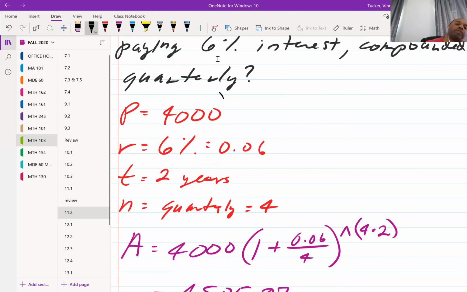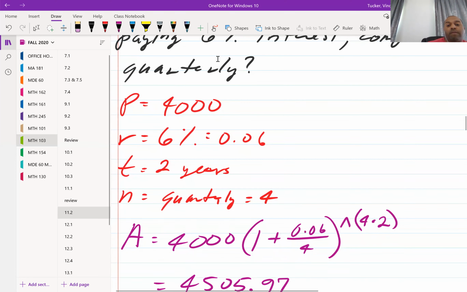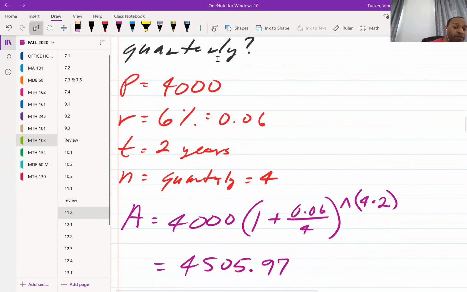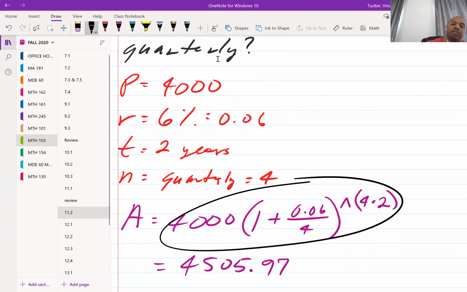All right, so what we're going to do is take this information and find the future value first. Remember, we want to know the interest earned, but we need to find the future value. So we plug in our values accordingly. That'll give us 4505.97. Putting this in the calculator.